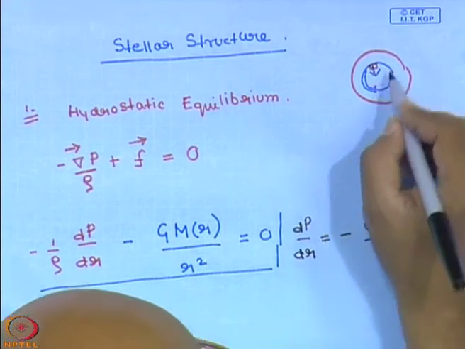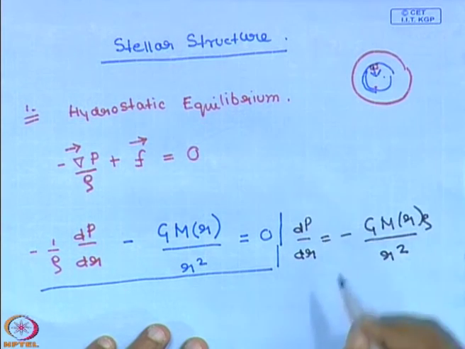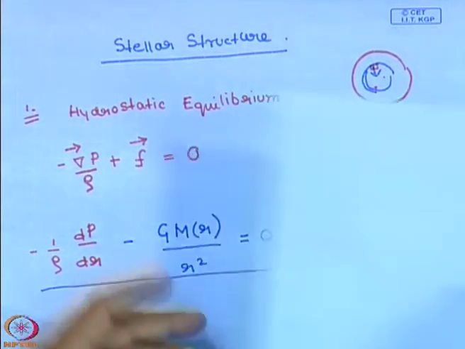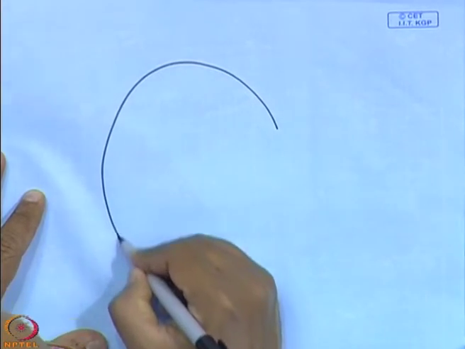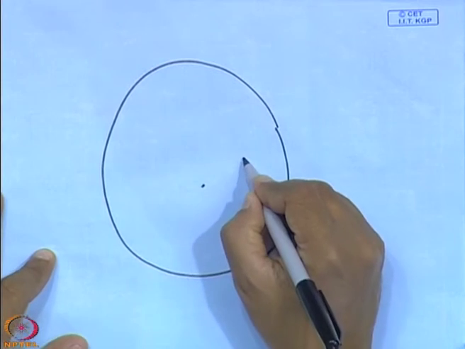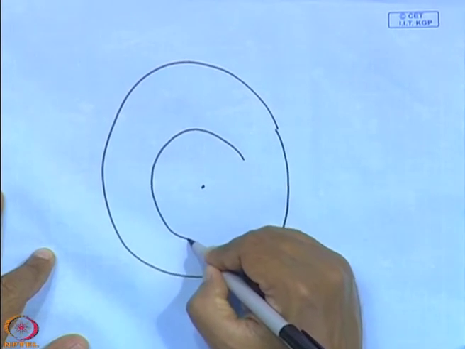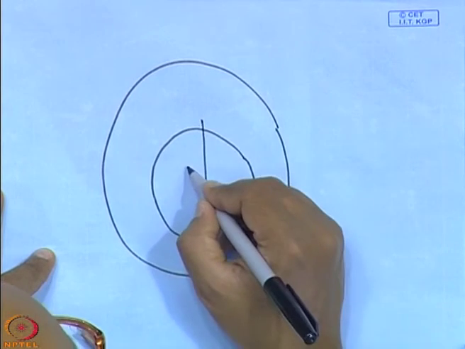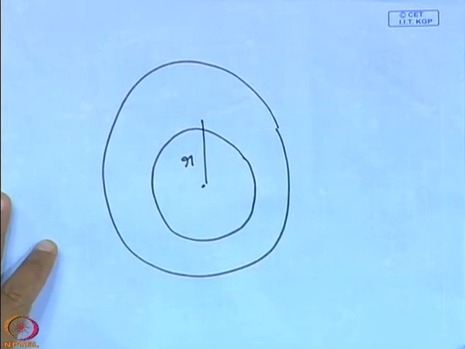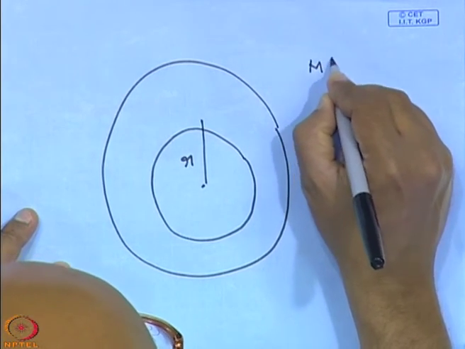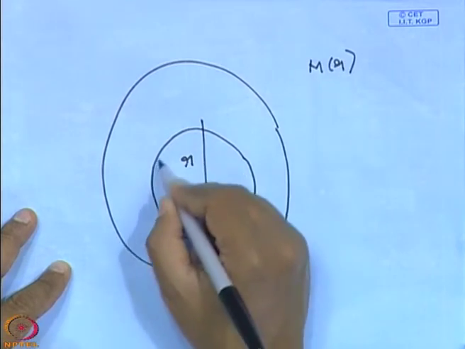So, we are looking at a distance r away from the center, and m(r) is the mass. Let me draw a picture which we can use repeatedly now. So, this is my star, and we are looking at a distance r from the center, and m(r) is the mass within this sphere.